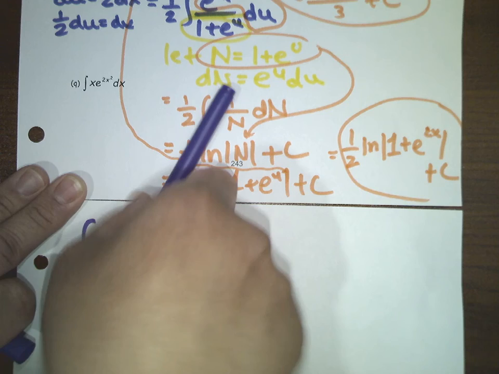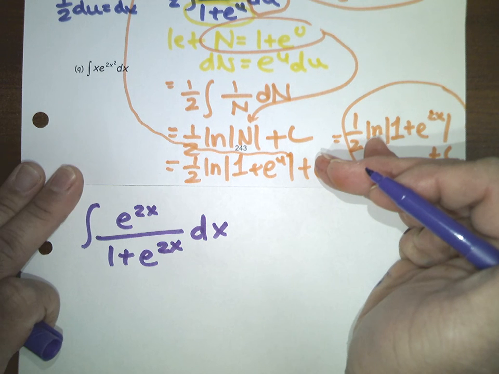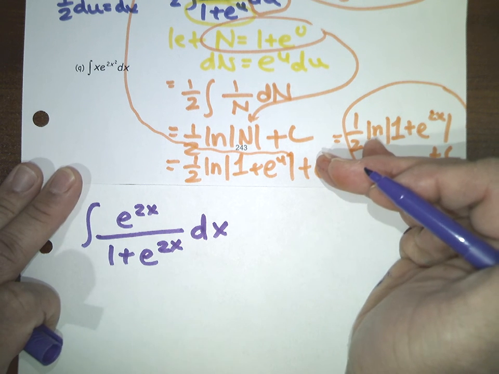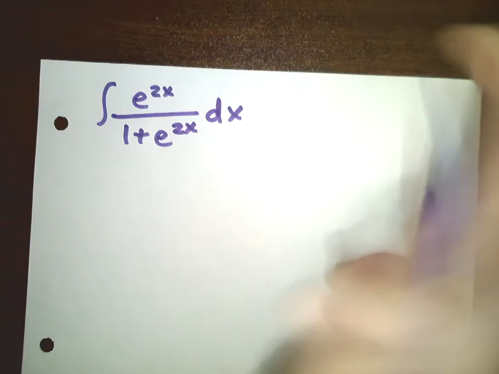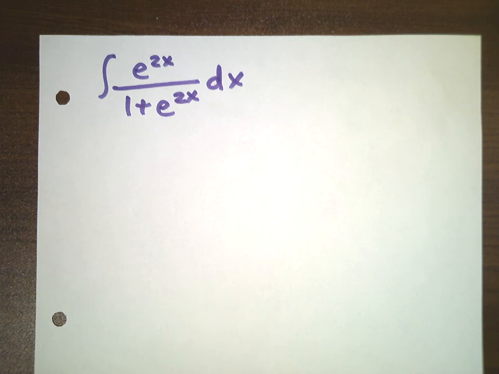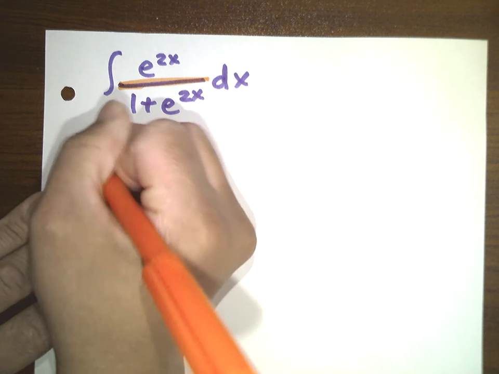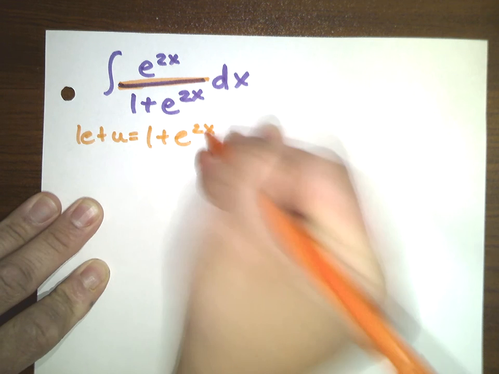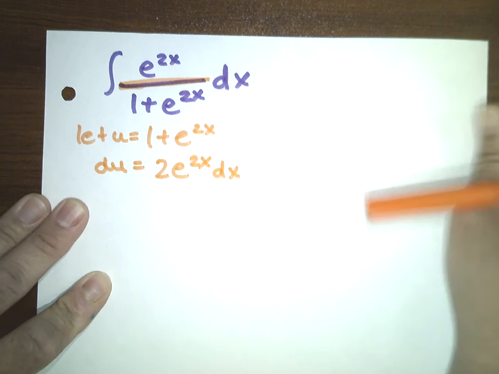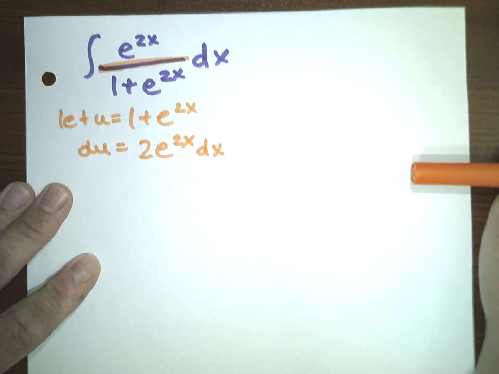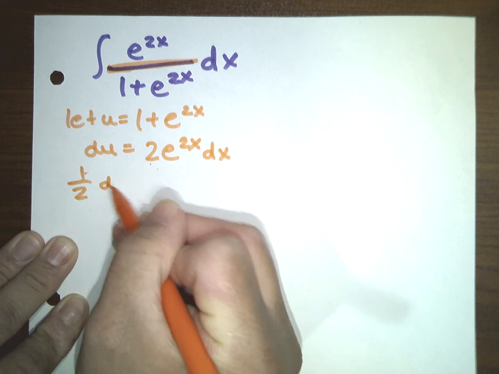And then, what happens if instead of letting u be the 2x and thinking of it as an exponential integral like I did originally, I look at it as a logarithmic integral, and I go straight to letting u be 1 plus e to 2x, and then du would be 2e to 2x dx, because I need to use the chain rule here.